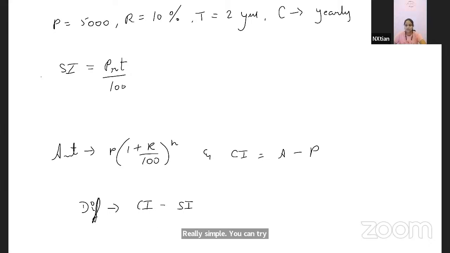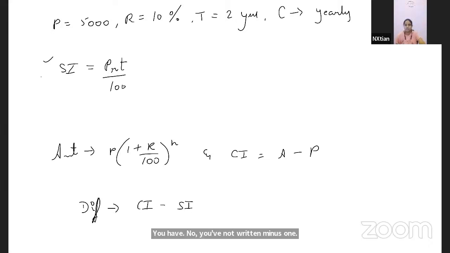Ma'am, for compound interest, you'll have to do 1 plus R by 100 minus 1.